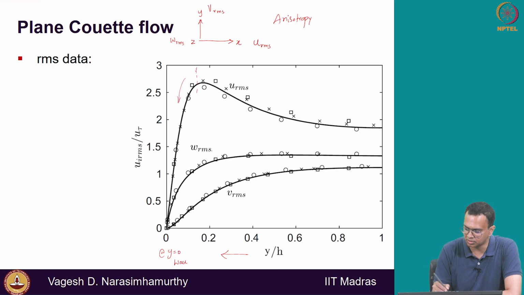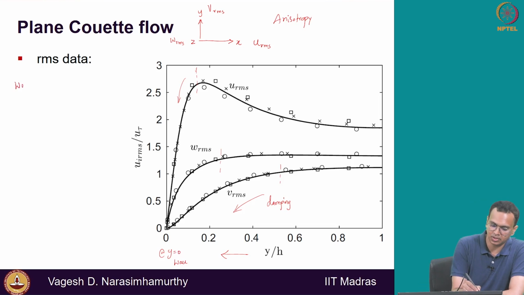Similarly for the WRMS also, let's say somewhere here. But the VRMS starts to damp much ahead. Damping of VRMS is occurring much ahead of URMS and the WRMS, or in other words, the wall normal fluctuations are damping faster than the wall parallel ones.